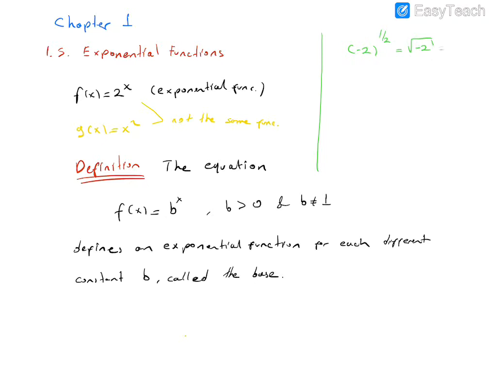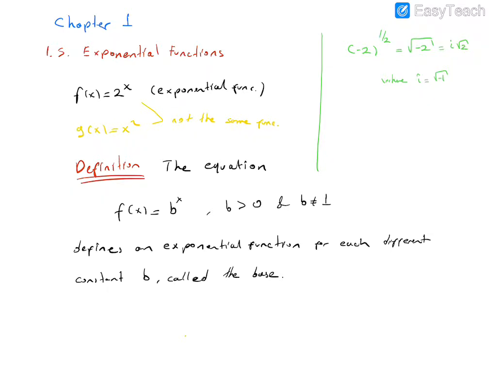So this is a complex number, an imaginary number. Maybe you know, maybe you don't know, I'm not sure, but it is i times square root of 2. Here, i denotes the square root of minus 1.